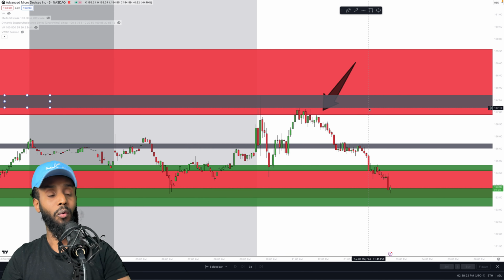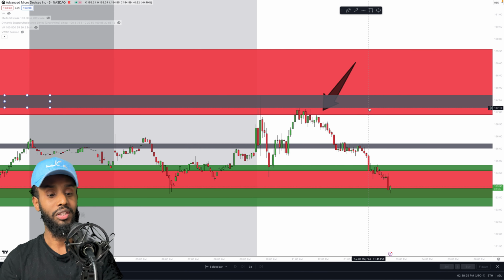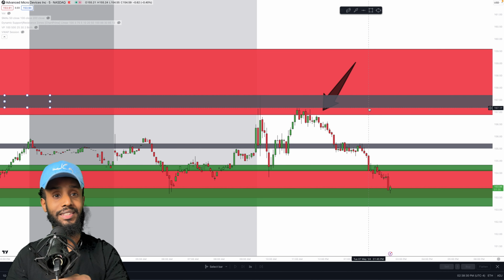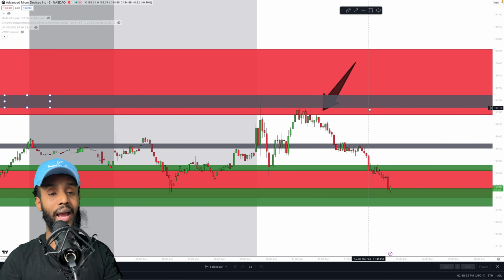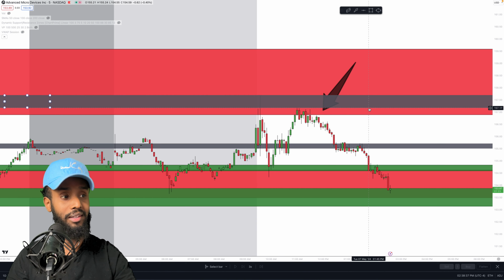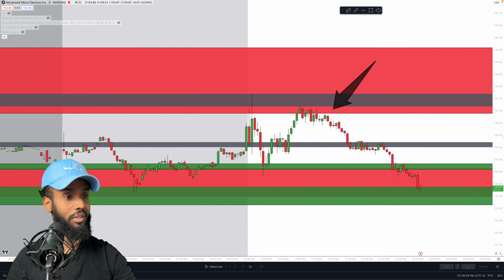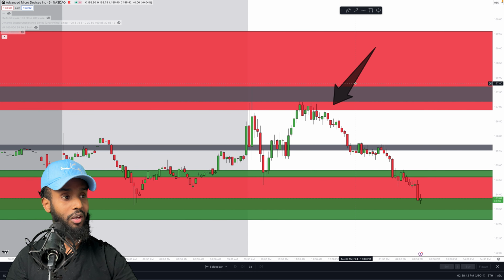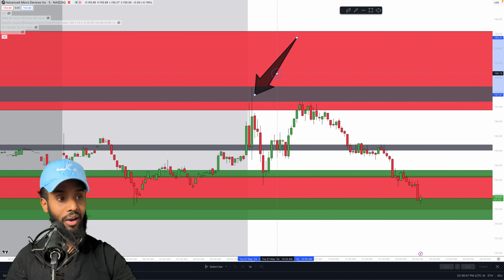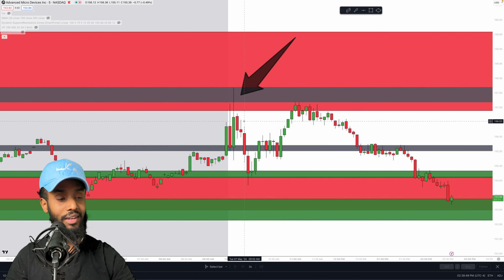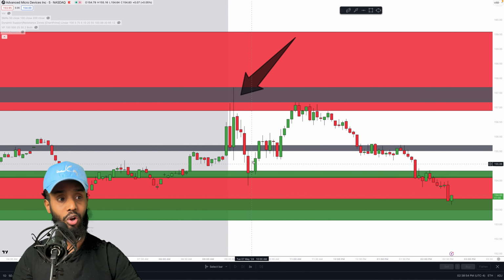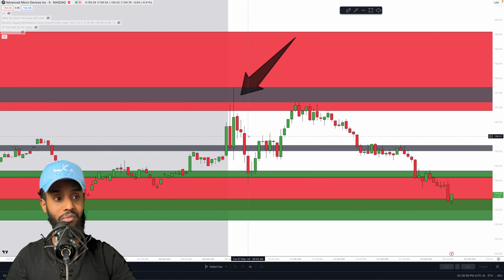Now, when it comes to price reaching a support area or a resistance area, I look at what price did prior to get an idea. So for AMD, I looked at when it came to this level earlier in the day. When we look at this zone earlier in the day, we can see AMD reached this level and it rejected strong. And I'm looking at a 5-minute time frame.